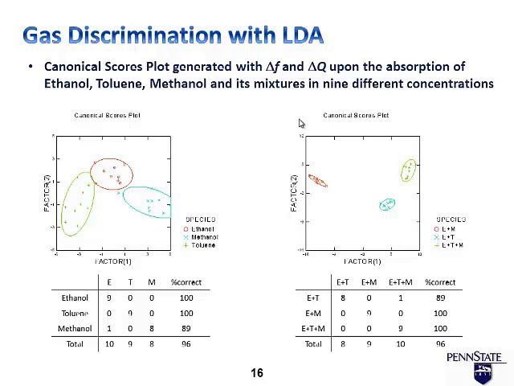We have achieved an overall classification accuracy of 96% with delta F and delta Q obtained from our chemical sensing system.